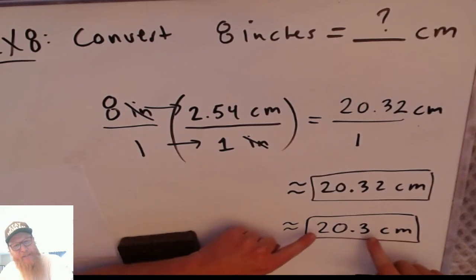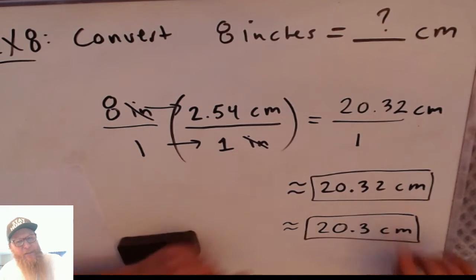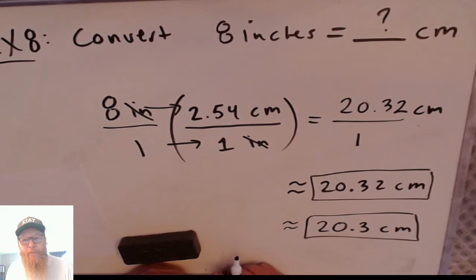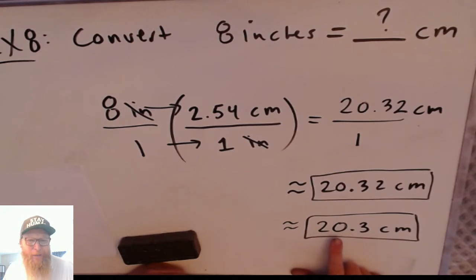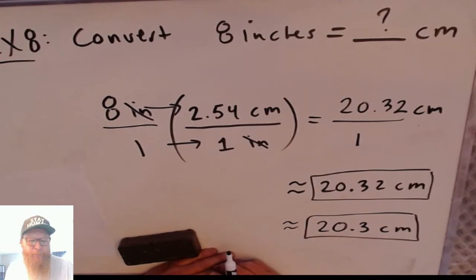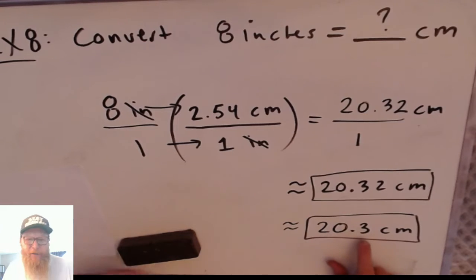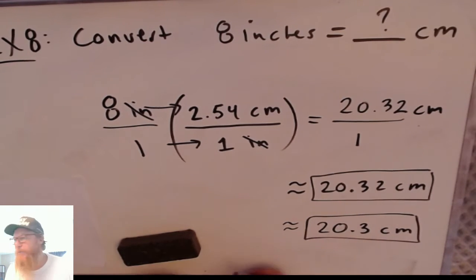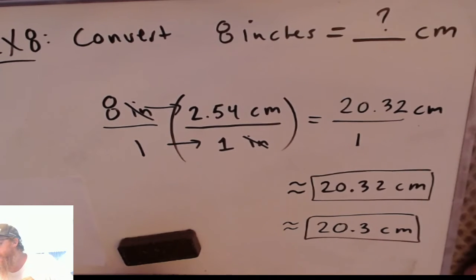Again, if it accepts this answer, it will accept both of these answers, this type of problem. Probably wouldn't accept 20. 20 is not close enough, so 20, at least one decimal place. That's the standard if you don't see any specification, then just give me one decimal place. Some of them will very much specify.